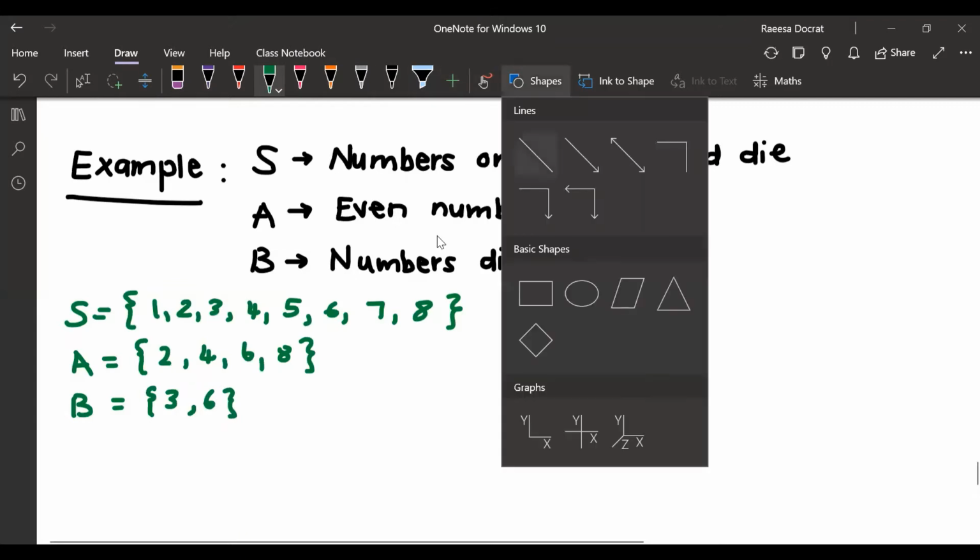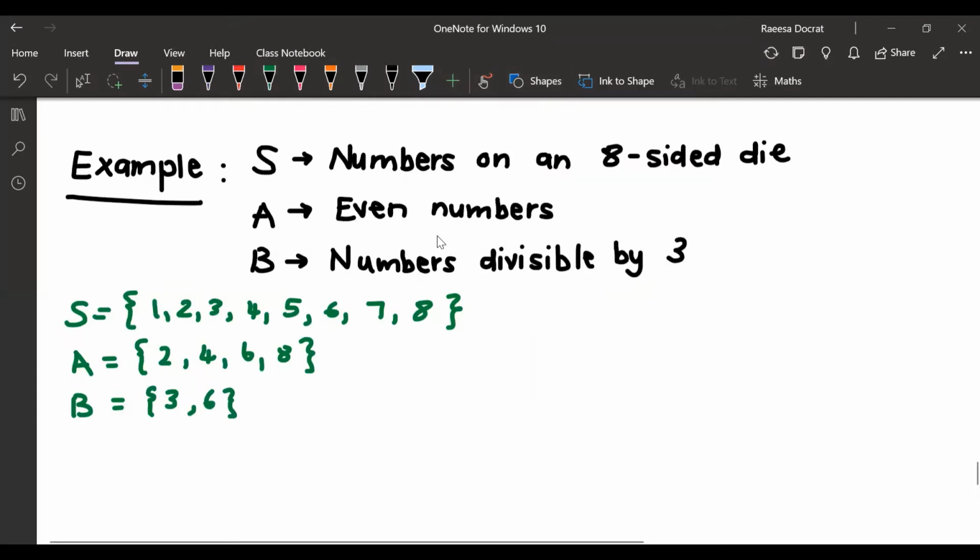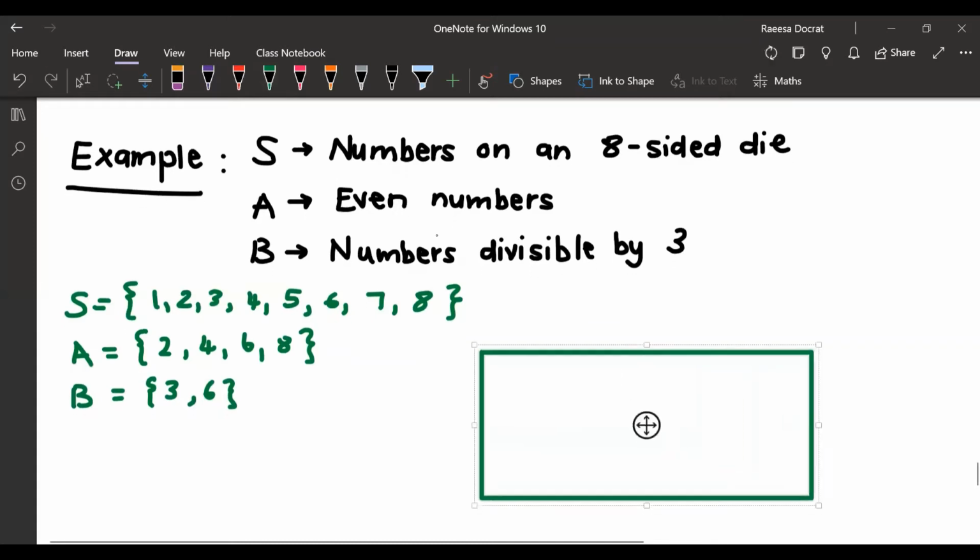So let us represent this on a Venn diagram. First of all, the full space is represented by a rectangle, and that's all of our numbers, and our sample space is the numbers from 1 to 8. Then our event A. First of all, I just want to point out that A and B have a common value, which is 6.